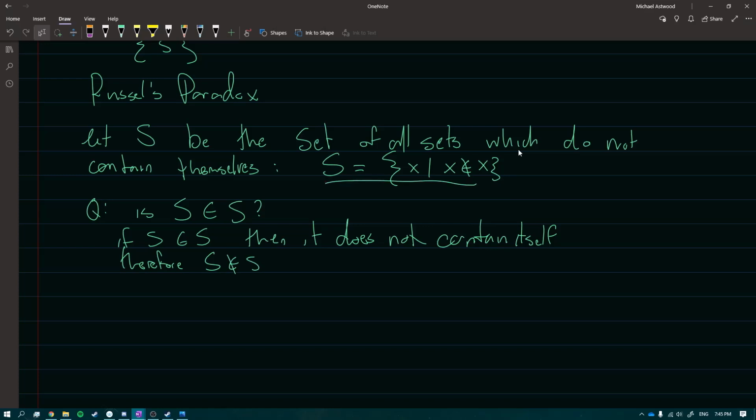If S were an element of S, then S would not be an element of S. So that's a contradiction. Okay, so what about if S is not in S then? Well, if S is not in S, then by the definition of S, it is in S. Oh, that's bad. Okay, so we've come to a contradiction.